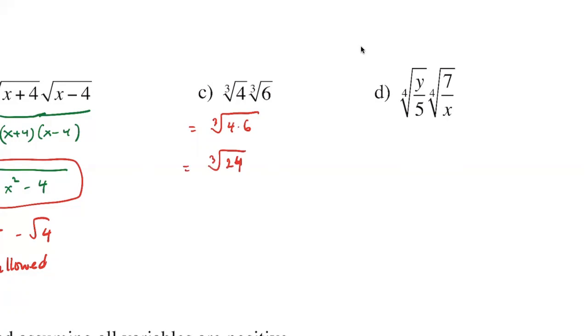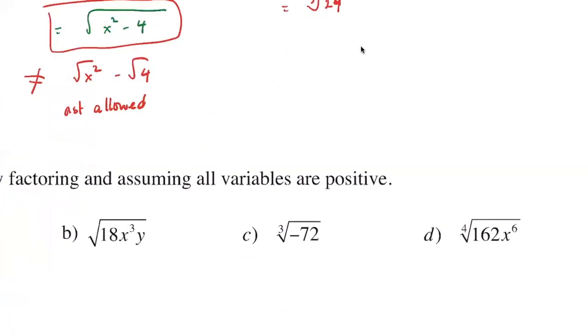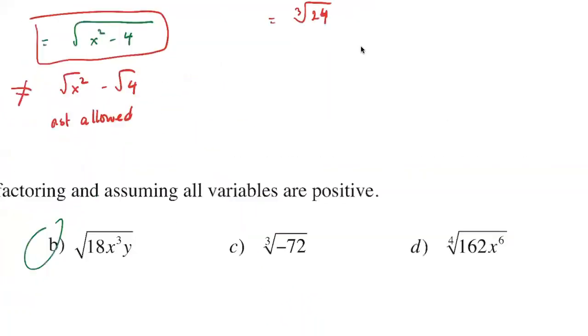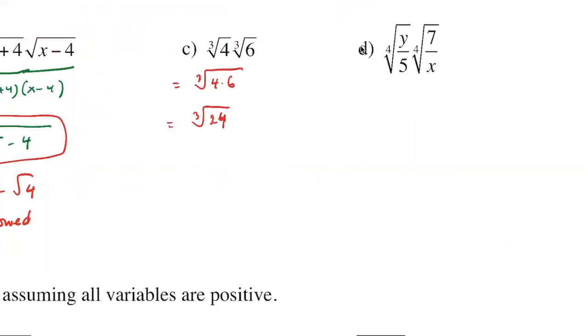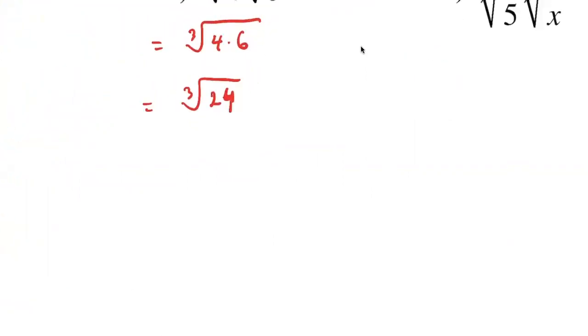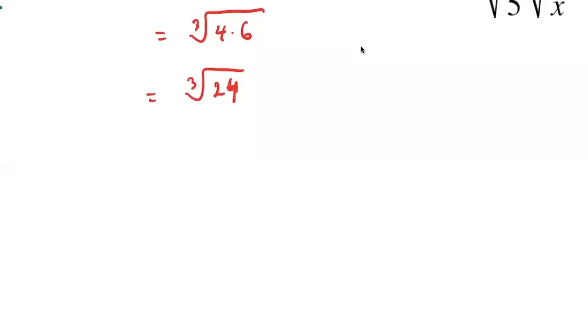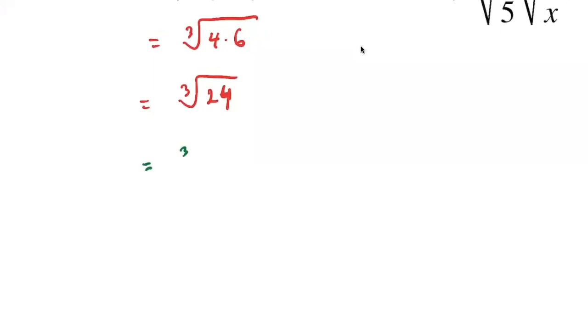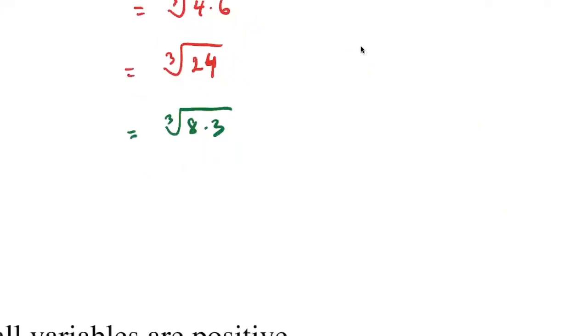The way we do that is in the next example, where I'm going to show you how, but let me give you a breakdown of this one here. 24 is not a perfect cube, but we can extract a perfect cube factor from it. We can rewrite 24 as 8 times 3. 8 is a perfect cube number, and then using the rule of radical multiplication, we can split this into cube root of 8 times cube root of 3.